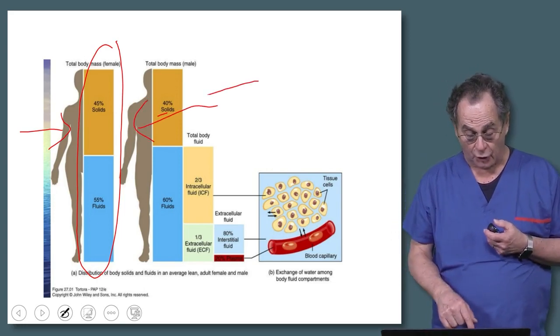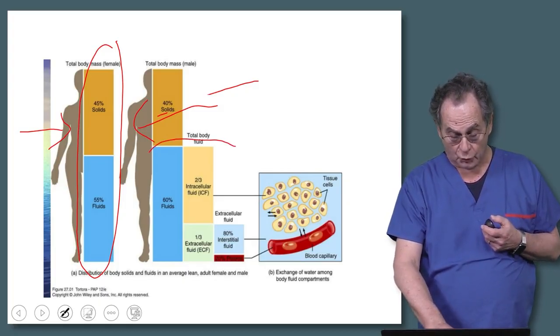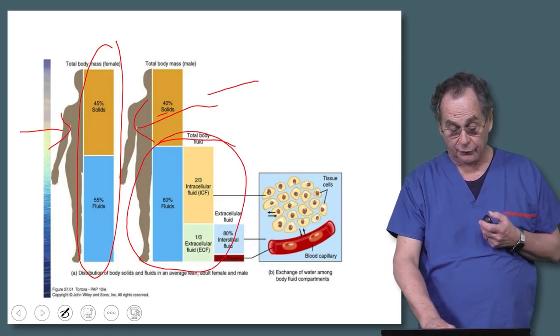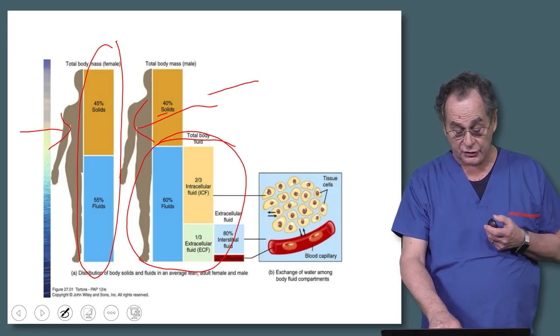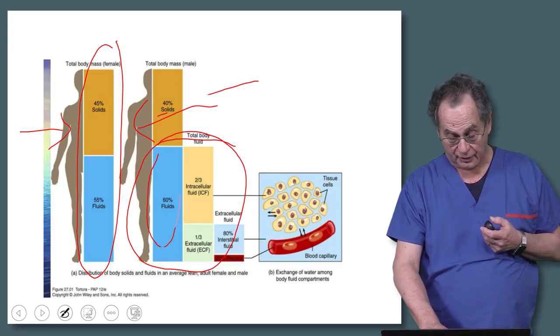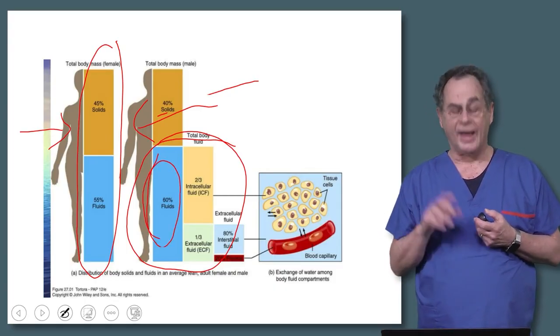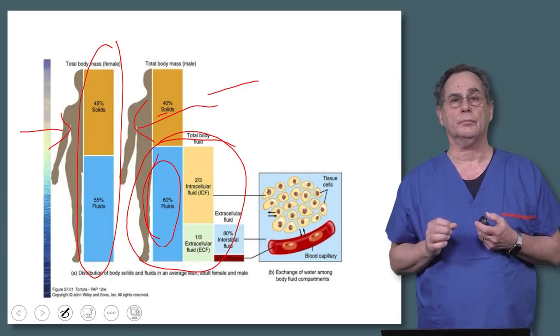So the first thing to note is that most of the fluids in the body are retained actually here, for example, is that 60% of the total body fluid in a man. And 2/3 of that water is intracellular.